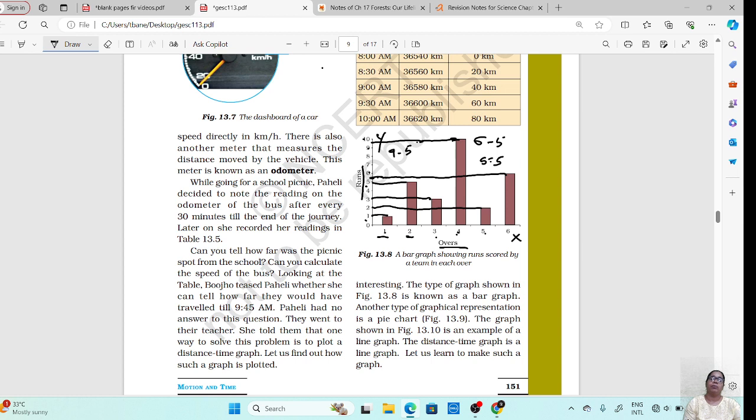So it can be like 5.1, 5.2, 5.3, and a maximum it can be 5.5. This is how we can read or represent data using a bar graph. In a bar graph, there is a y-axis and an x-axis which represent the data, and the data is represented in the form of bars. So this is the first way of representing any data using graphical representation.